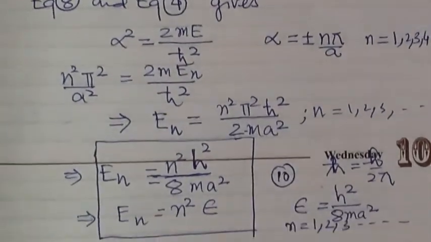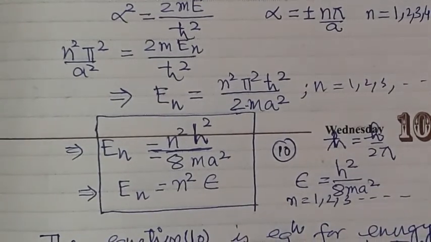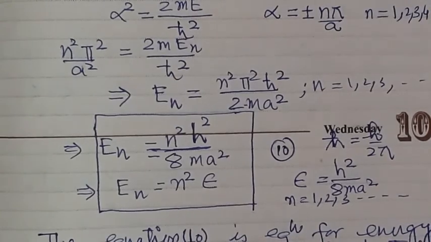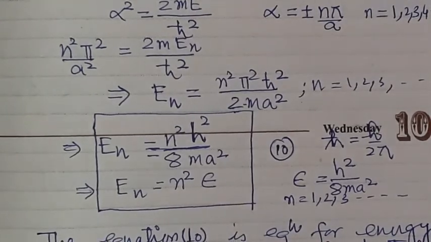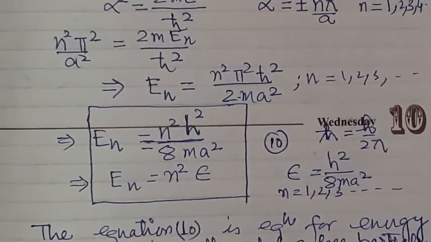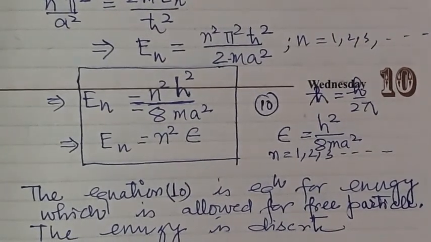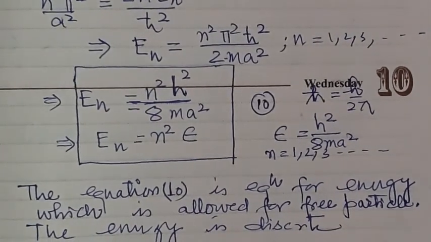Once again, this is a very interesting result, and equation 10 is a specific expression for the energy, which gives the allowed energy of the free particle, and that is discrete in nature.